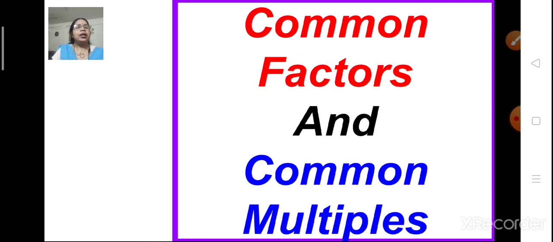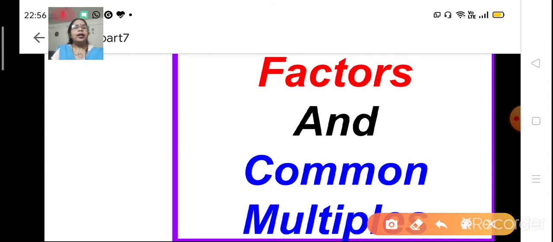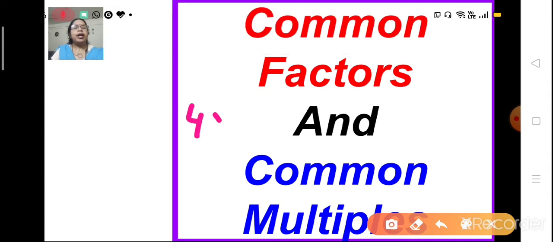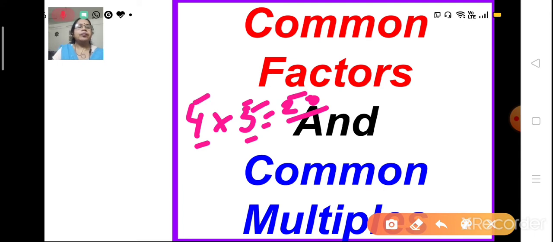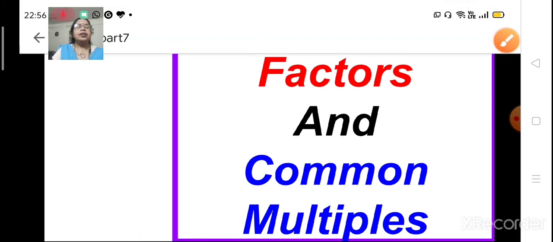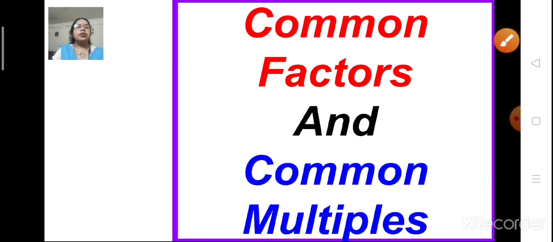For example, if we multiply 4 and 5, we get 20. So, 20 is a multiple of 4 and 5, and 4 and 5 are the factors of 20. This we had learnt when we were doing factors and multiples.